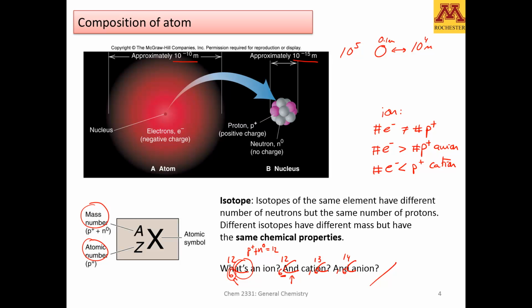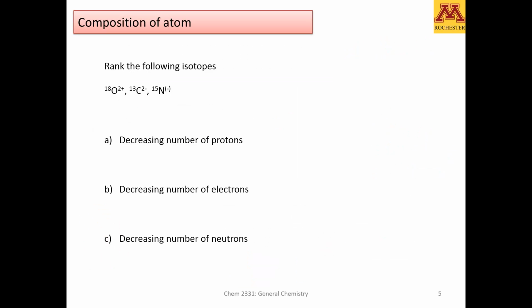Let's run an example and hopefully this will all make sense. In this case, we are asked to rank the following isotopes. These are 3 different isotopes of different elements, and the first thing that you want to do, before you start ranking by number of protons, electrons, or neutrons, is to figure out the composition. So when we write 18O2 plus, because it's oxygen, the number of protons is always the same.